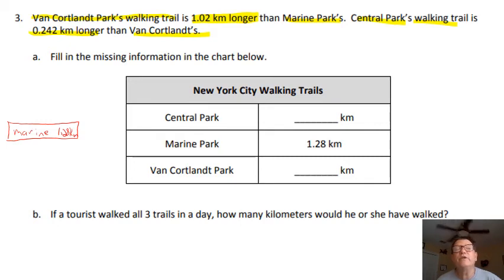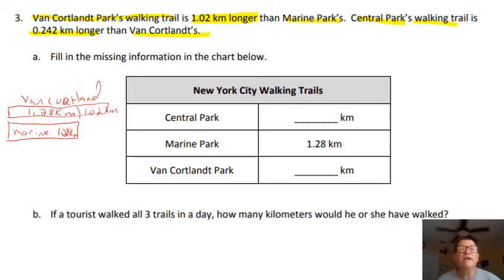Now, if I read this, it says Van Cortlandt Park is 1 2/10 longer than Marine. So if I take this, and I'm going to draw it out here like this, and here's the end, and I know this is Van Cortlandt, and I know this section right here is 1.28 kilometers, but they said it was 1.02 kilometers longer.